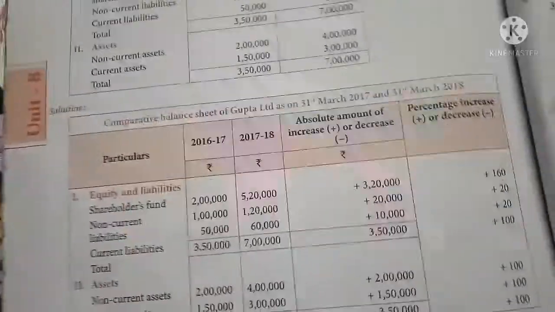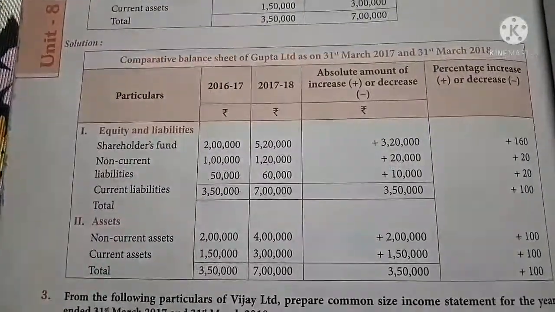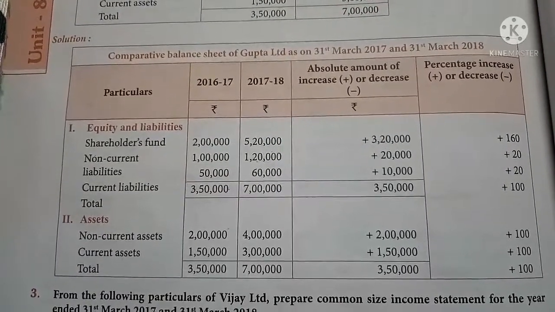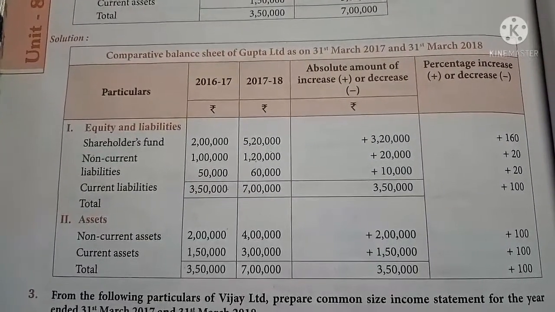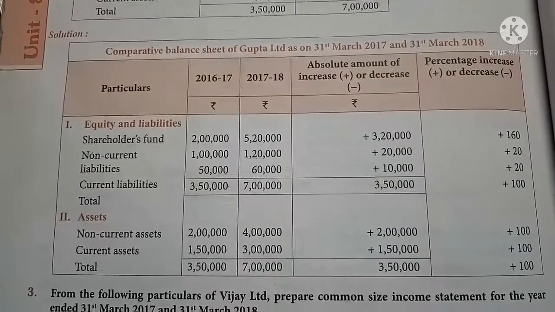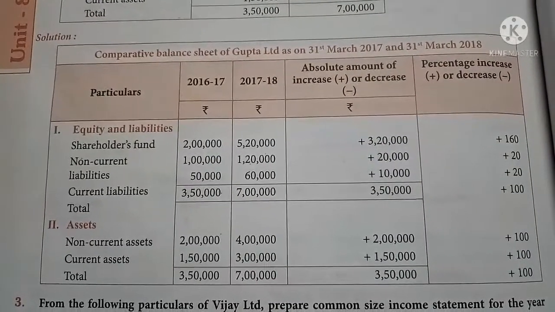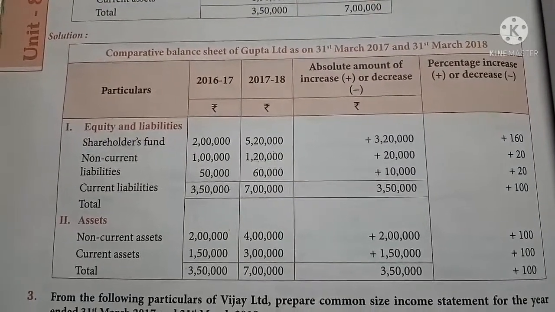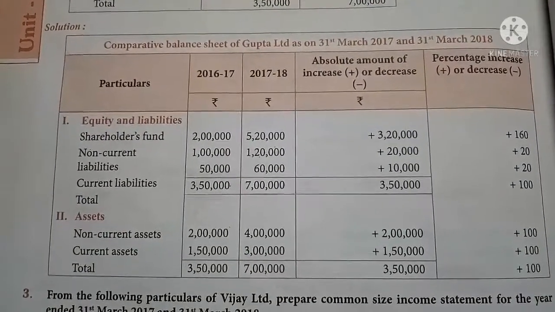So first you can write the heading, that is comparative balance sheet of Gupta Limited as on 31st March 2017, 31st March 2018. Make 5 columns, one particular column, and 2-year columns, that is 2 years will be given in the sum itself.